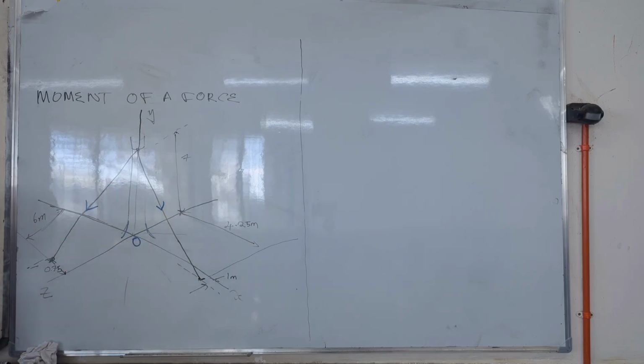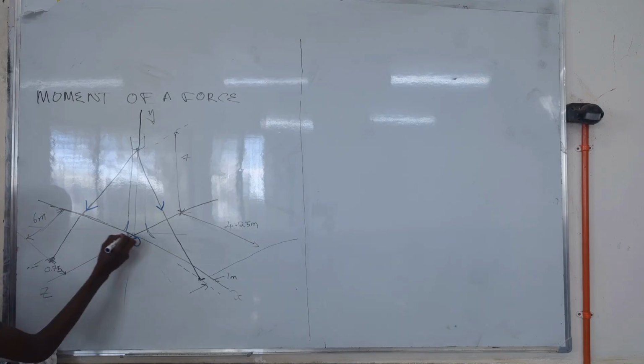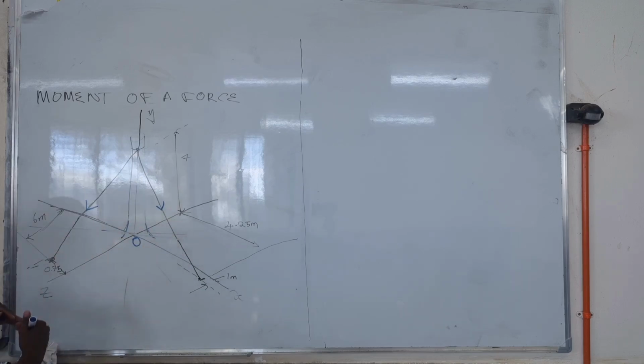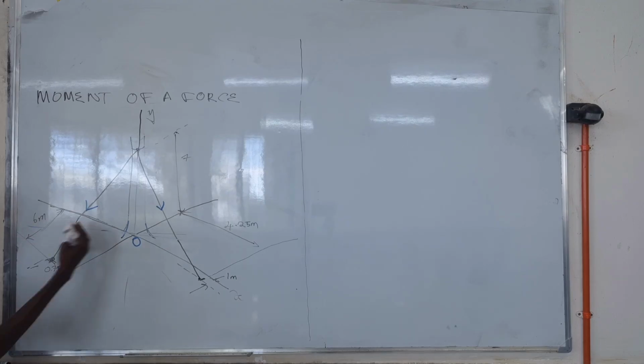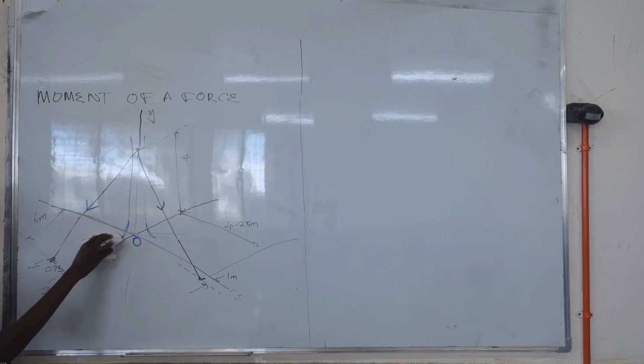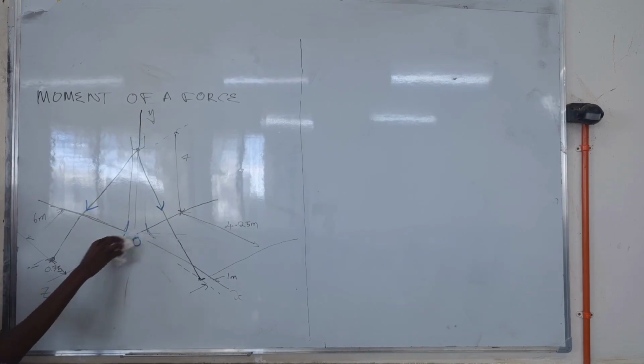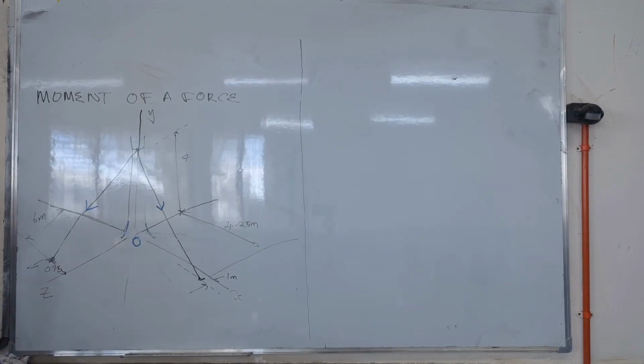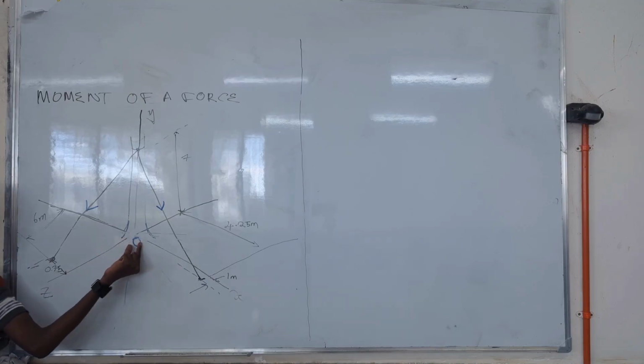It's going to fall like this somewhere here. That's not necessary, I'm just telling you. So the whole idea is we need to find the moment that is being exerted by these two ropes at this point, the origin.